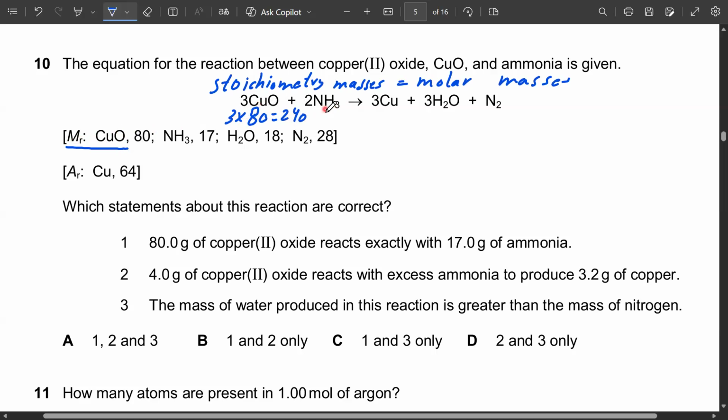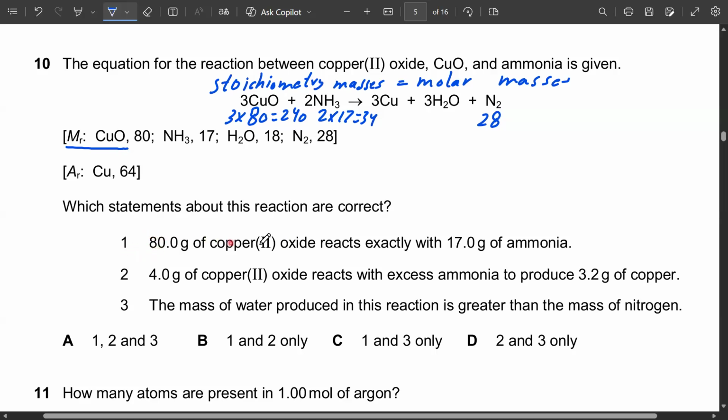Similarly, the molar mass of ammonia would be 2 times its MR, which is 17, so it is equal to 34. For copper, it will be 3 times 64. For water, it will be 3 times 18. And for nitrogen, it will be just 28. That is also the molar mass of nitrogen. So we need to validate the options over here.